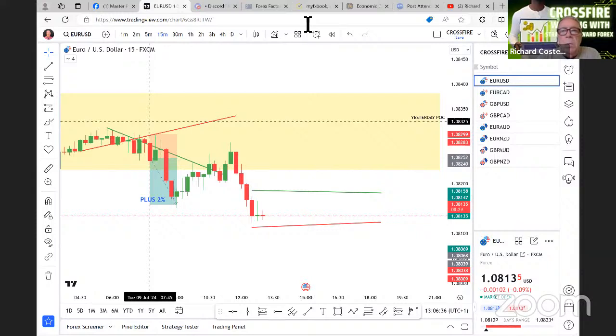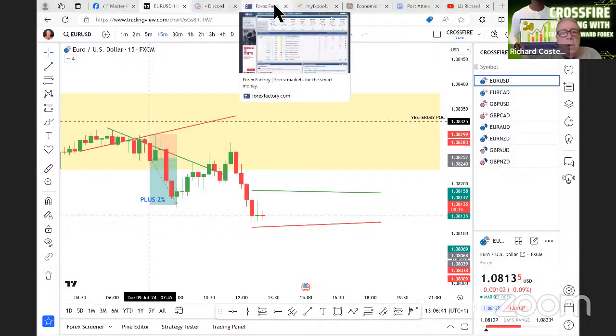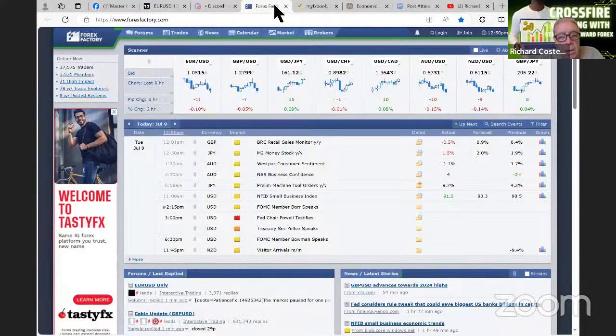We just need to move that out of the way. So I look at 2 sources of news. I look at forexfactory.com, and today's a pretty quiet day news-wise. There's nothing until 2:15, and that is a speech in the US, and then followed at 3 o'clock by a couple more speeches.